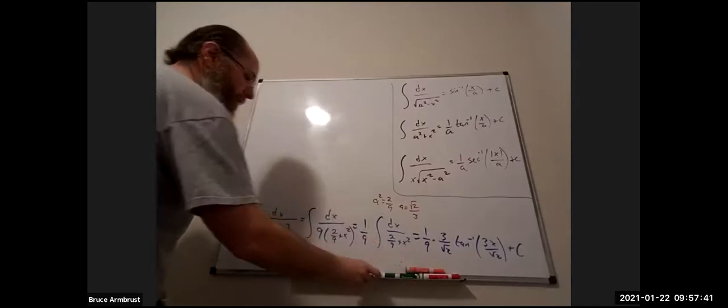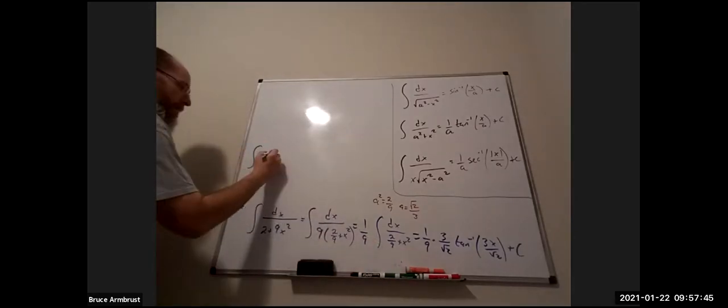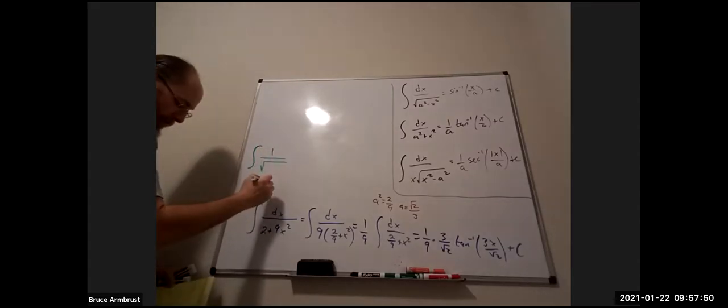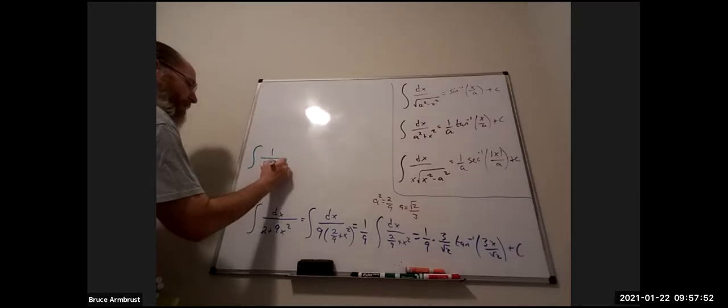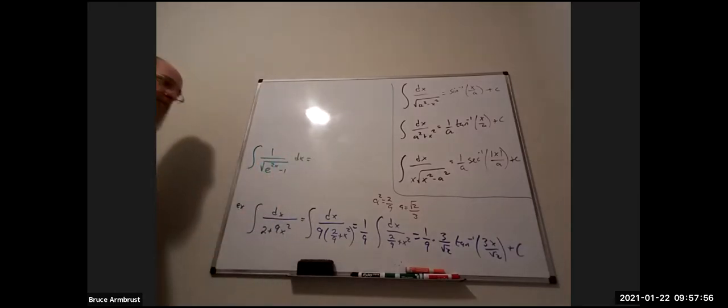Let's try to anti-differentiate 1 over the square root of e to the 2x minus 1 dx.